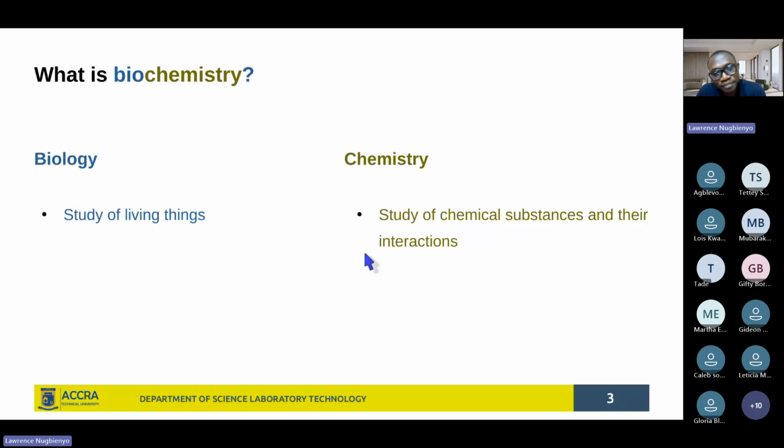Okay, so when you take the word biochemistry, clearly it's coming from two words, biology and chemistry. Even at the primary school level, even JSS, SSS, you studied biology as the study of living things.